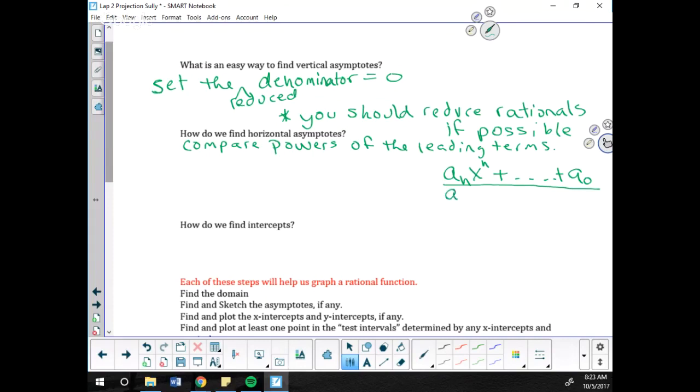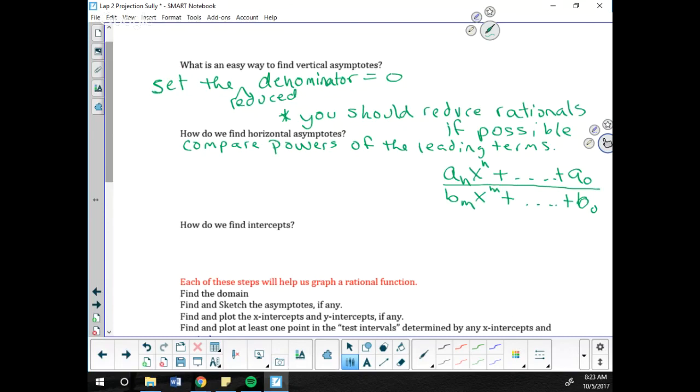And then let's label our denominator, just to use different letters. b sub m x to the m, plus dot dot dot, all the way to b. Okay, so just use letters so we can have a base for later.